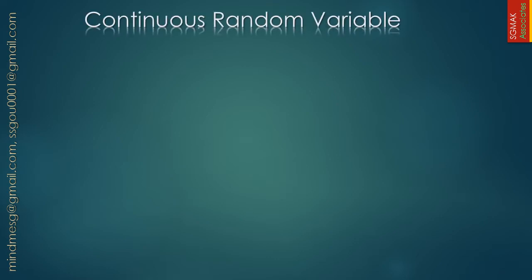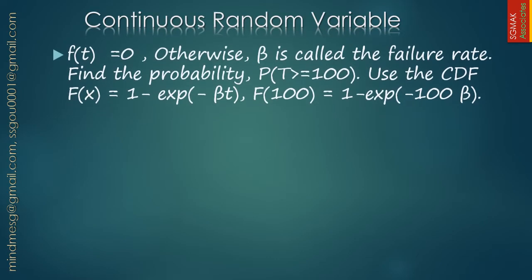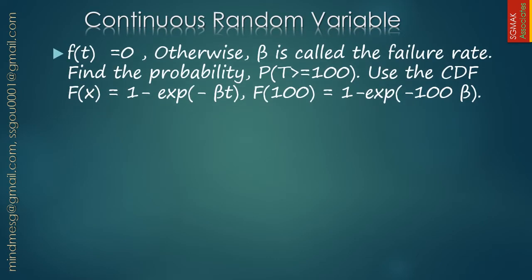What you're interested in finding out is the probability that the time to failure is over 100. So we use the CDF. From the PDF to the CDF, the conversion comes out to be 1 minus exponential of minus beta t.